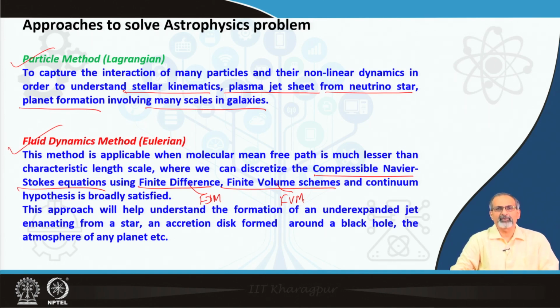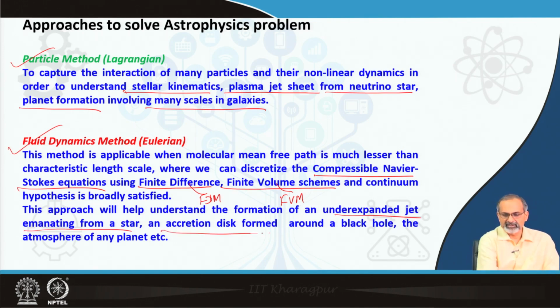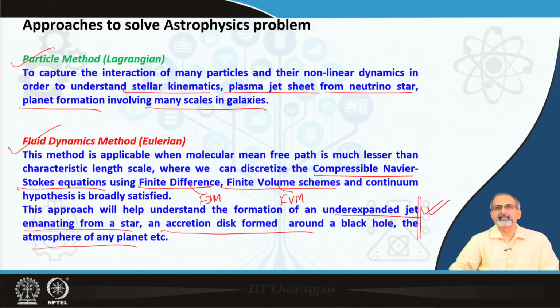This approach will help understand the formation of an underexpanded jet emanating from a star, an accretion disk formed around a black hole, the atmosphere of any planet, and so on. We would try to show you some results of these cases in a later lecture.